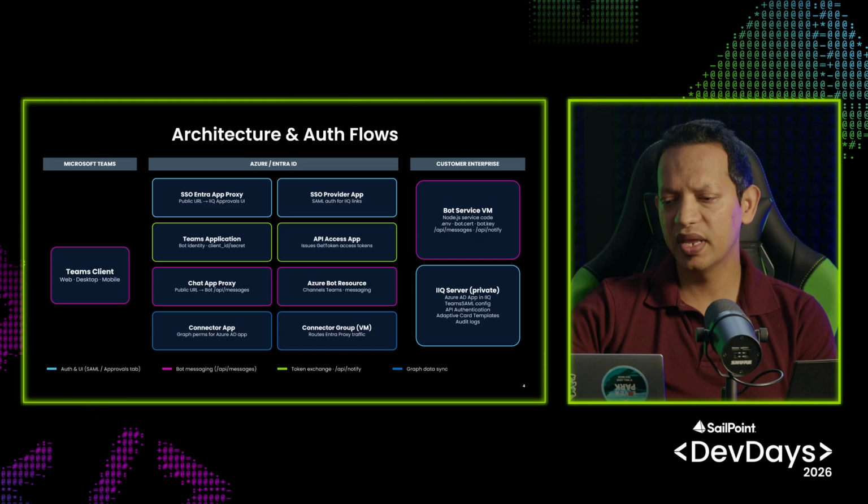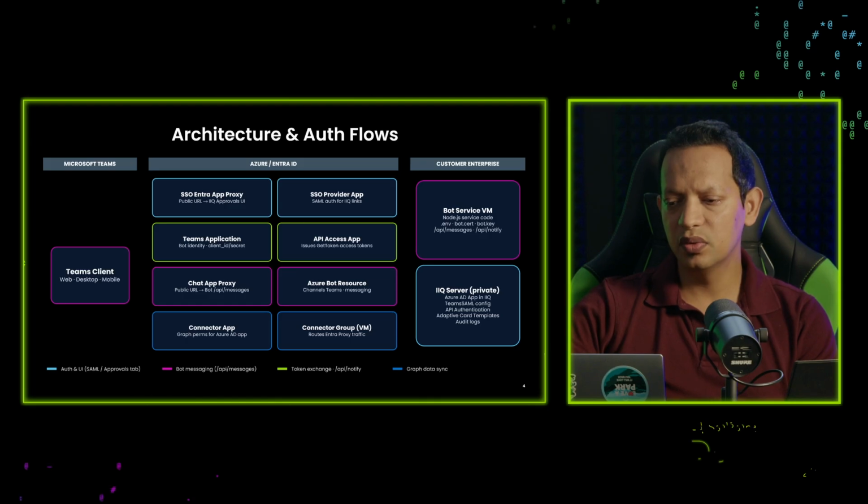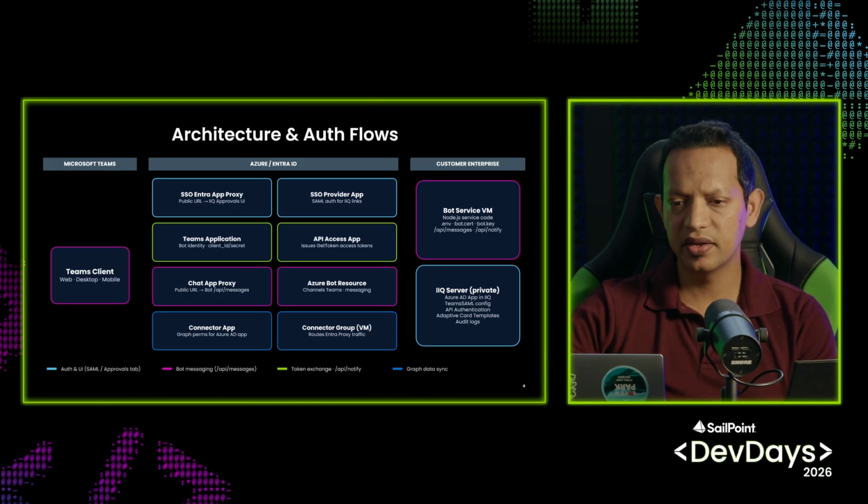Now you have the Teams application, which is again the bot identity, and the configuration within this Teams application is heavily used. So you will see client ID, secrets, app ID URI, application ID being configured on different components within Entra and also on the SailPoint IIQ side.